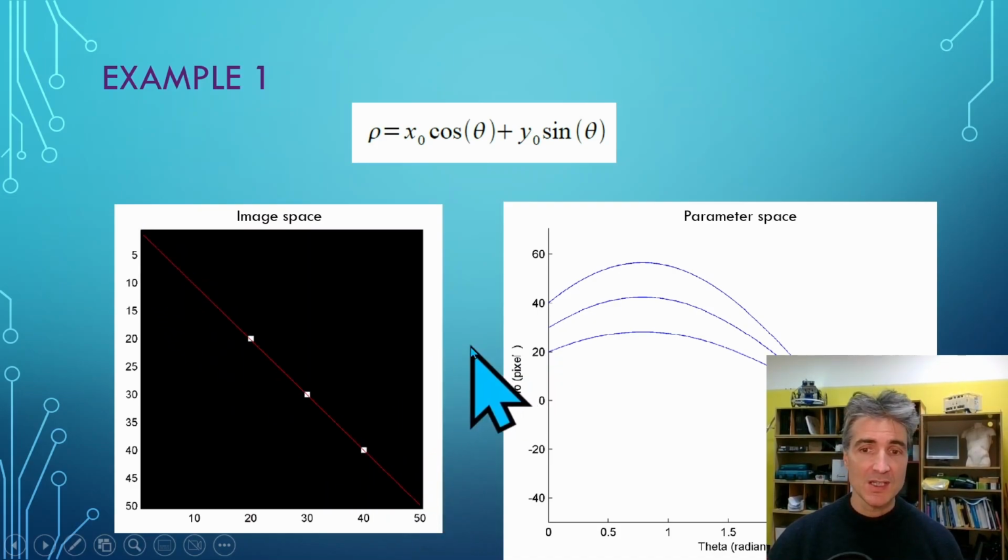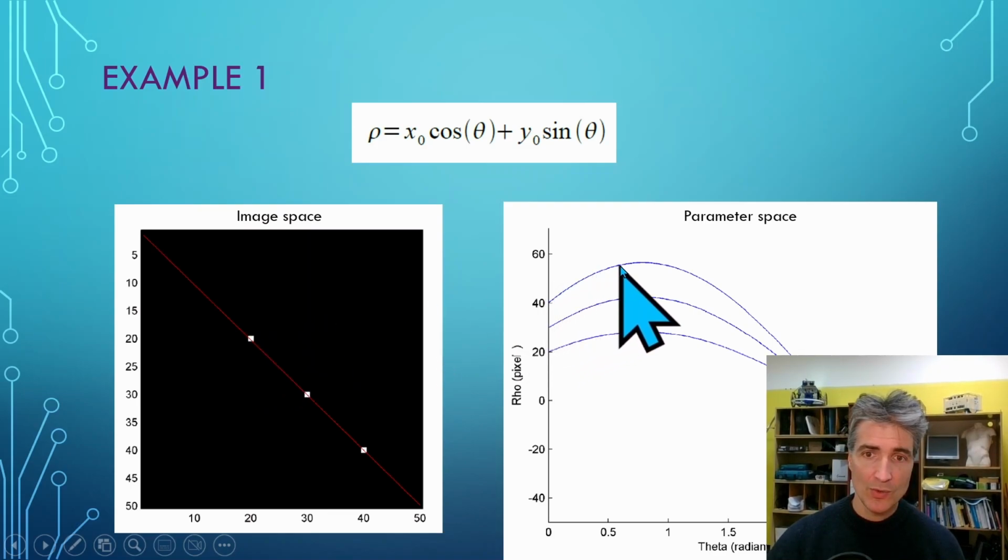But if we start to investigate which combination of parameters fit to these particular points, then we will end up with curves like this. So for example, if we take this point, those combinations of theta and rho that lie on this curve will be suitable for lines going through that pixel.